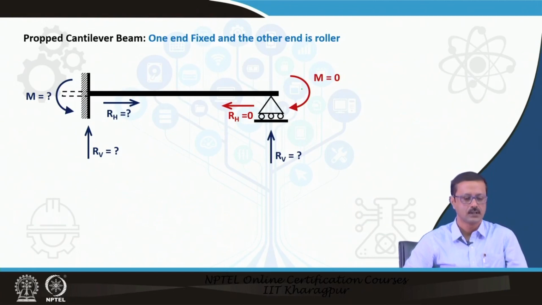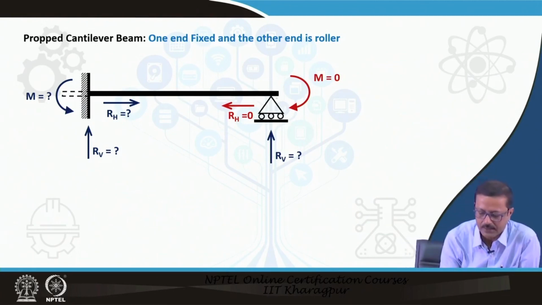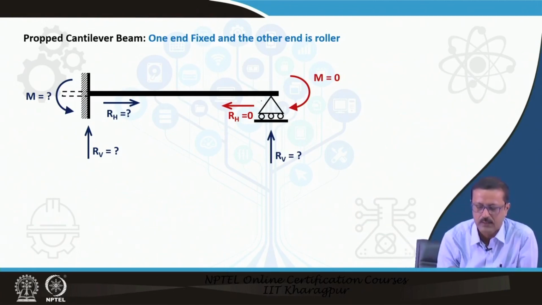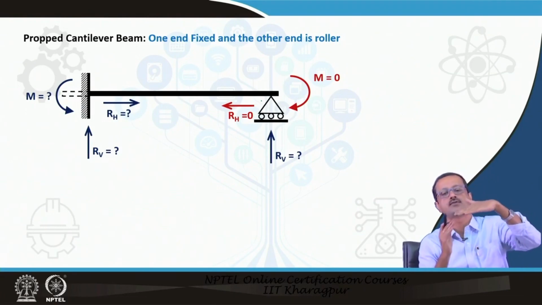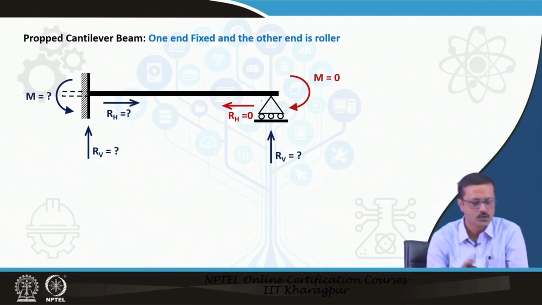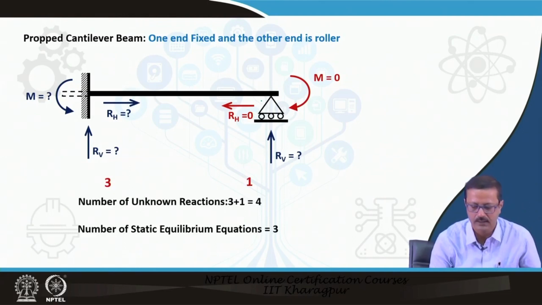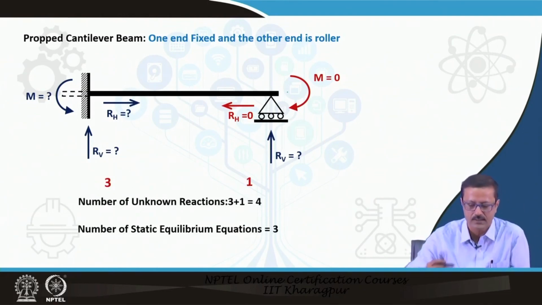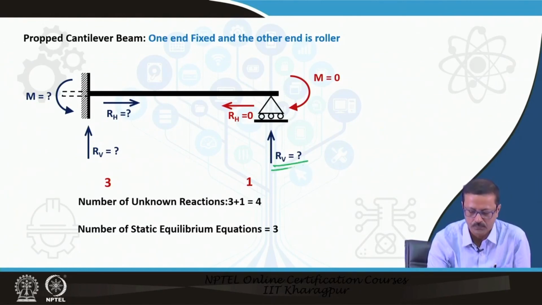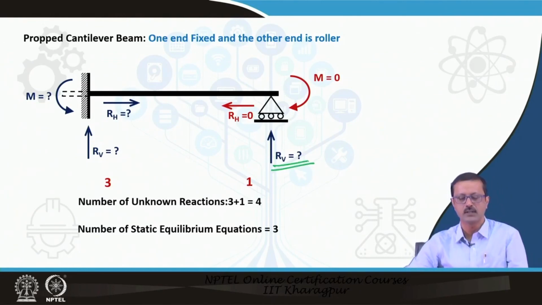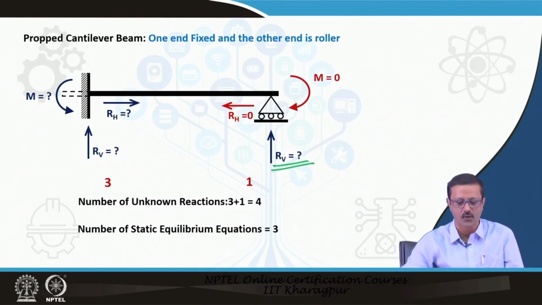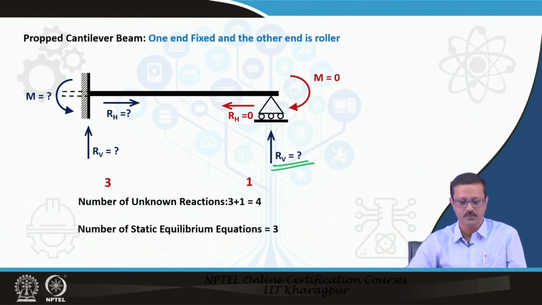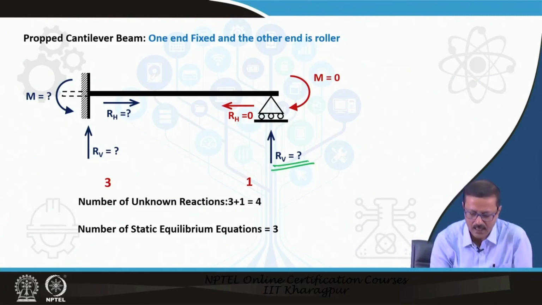Propped cantilever. Now, what I did is that in the cantilever I make a kind of roller at the other end. Suppose it is going to bend, so I put some kind of a prop. So, 3 unknowns over here, but due to the prop this end is not free now, it has one unknown. So, now the total number of unknowns is 3 plus 1 equal to 4, but I still have 3 equations.